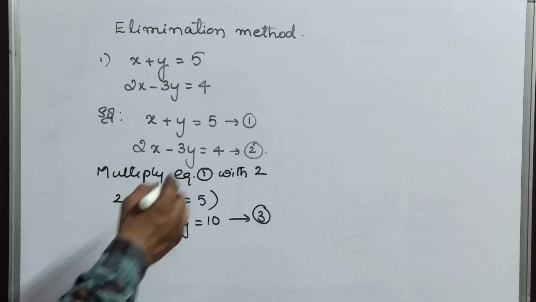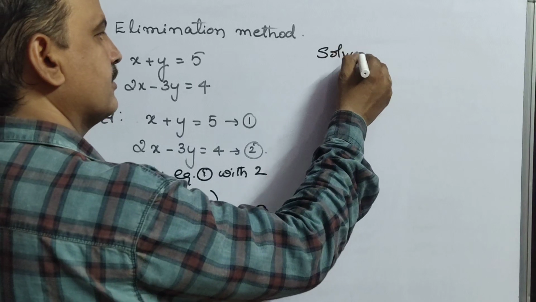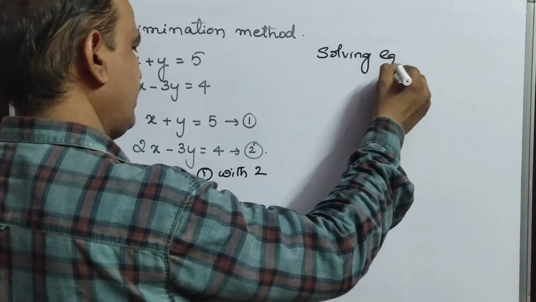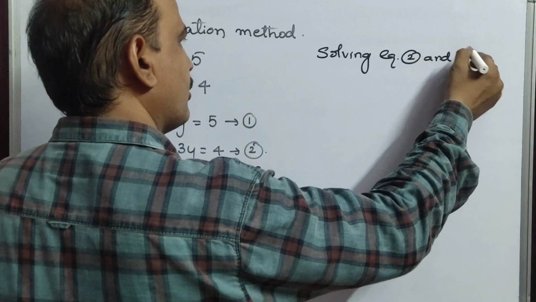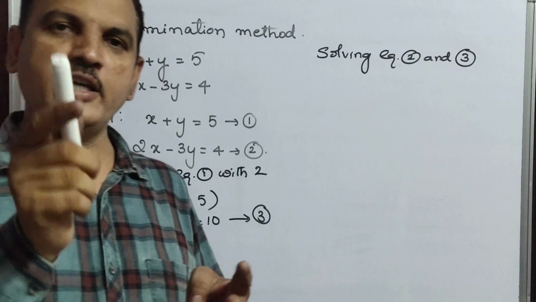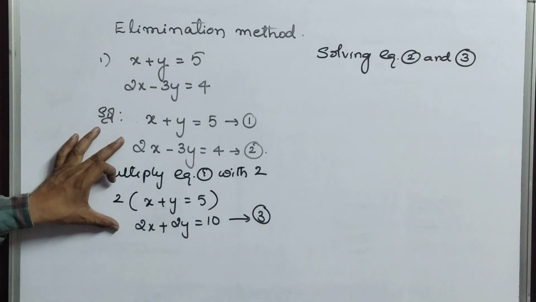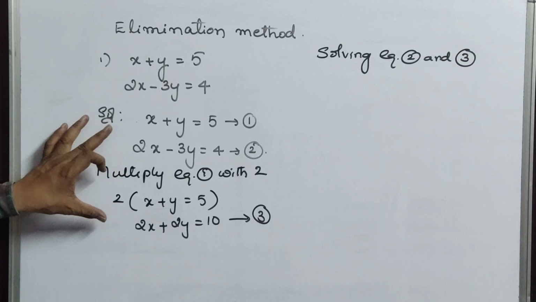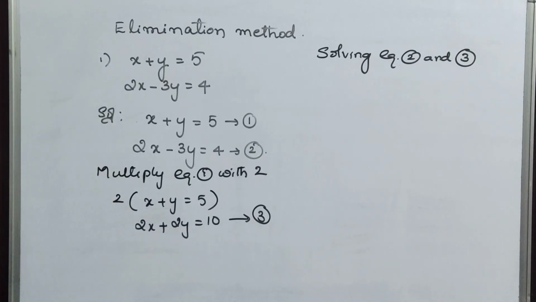Now solving equations 2 and 3. Solving here does not mean simply solving. You have to do either addition or subtraction to eliminate the first variable, that is x, basing on the equation.